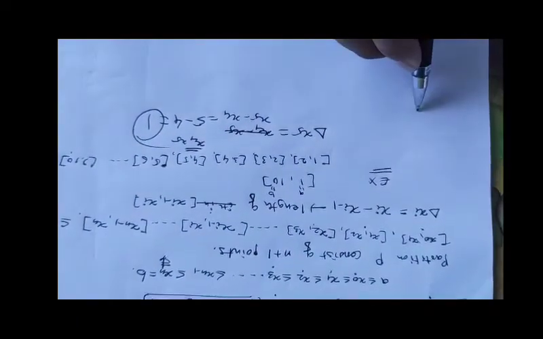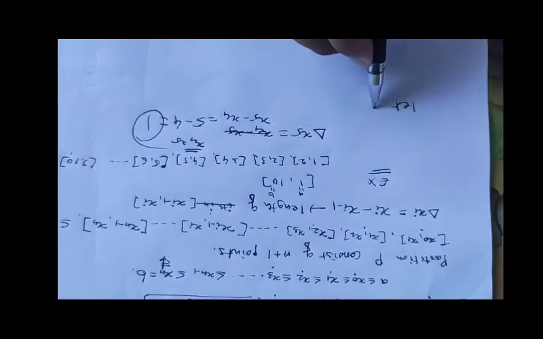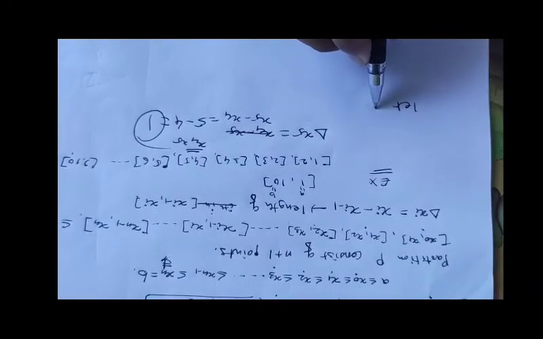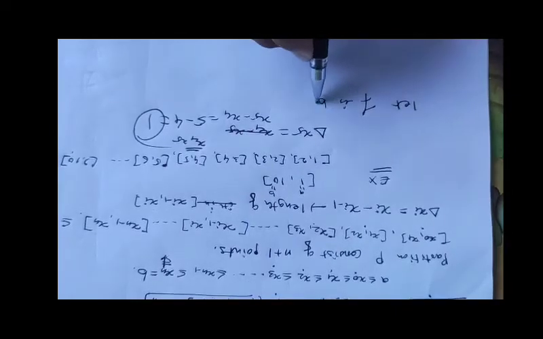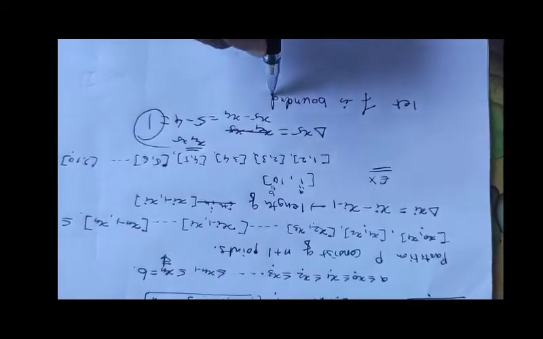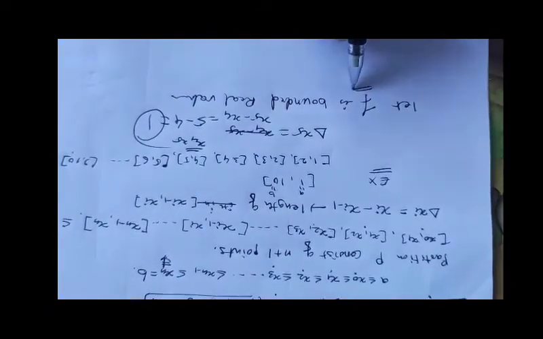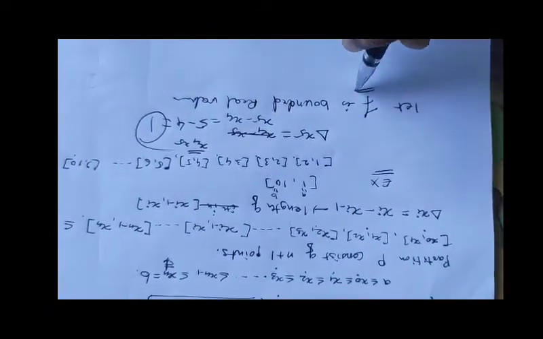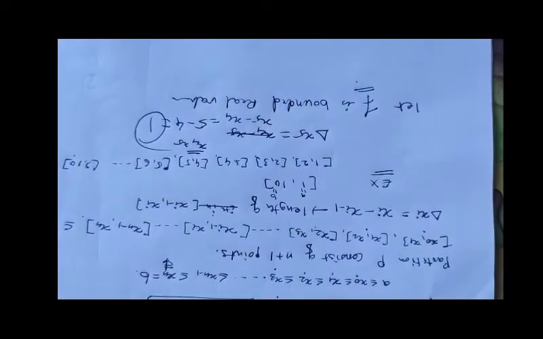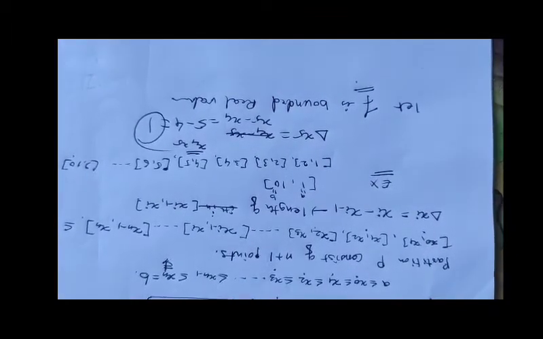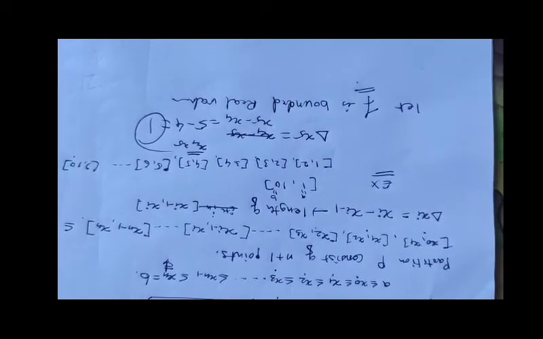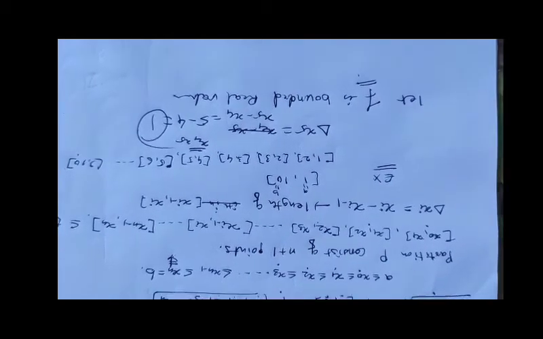Now, let f be a bounded real valued function. If f is bounded, it means its range is bounded. So evidently f is bounded on each subinterval corresponding to each partition P. Then let capital Mi and small mi be the bounds, that is the supremum and infimum of f in delta xi.